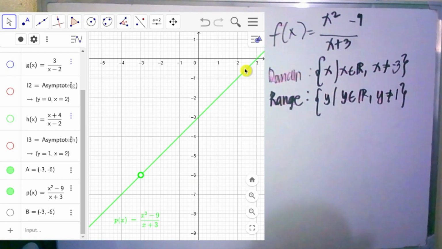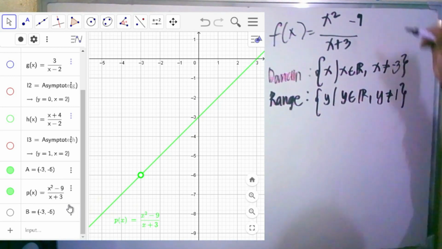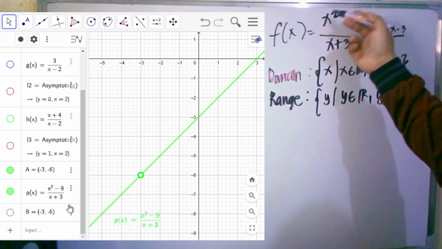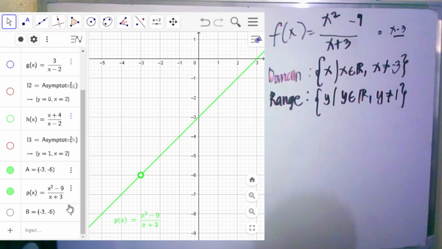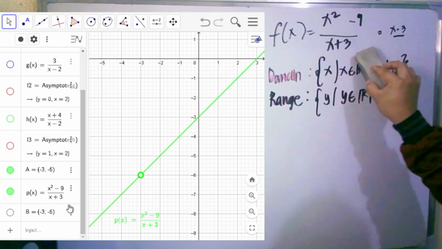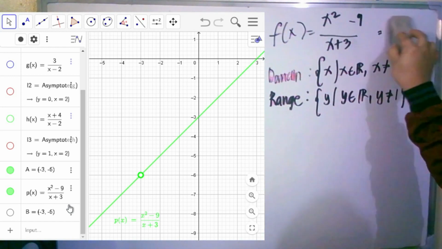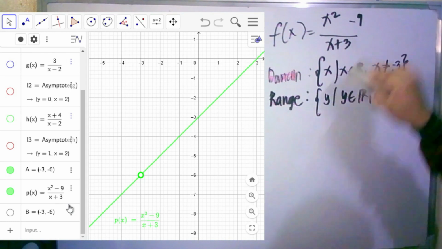So, this is actually a line. Bakit line lang yan? Because if you simplify x squared minus 9 over x plus 3, that is actually the same as x minus 3. So, line lang siya. It's a linear function. However, since the original function is a rational function, we need to exclude nga that value that could make the denominator 0.